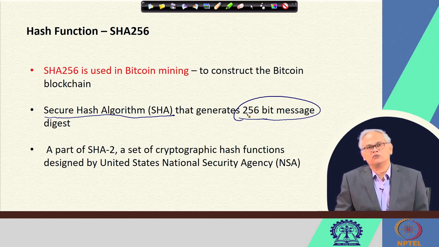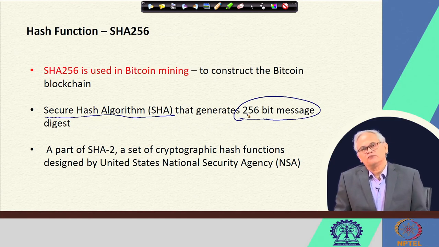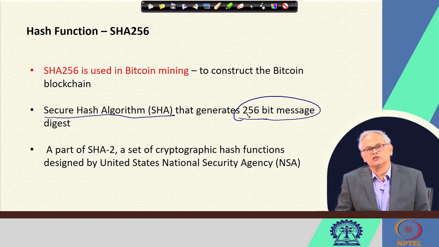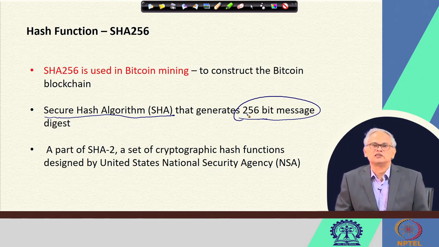And in our last lecture, we also saw in the web application, which is the supplementary material for the textbook that was mentioned, that you can give any message as input and see the output. For SHA-256, we saw that it has 64 hexadecimal digits, which means 256 bits of output as the message digest.